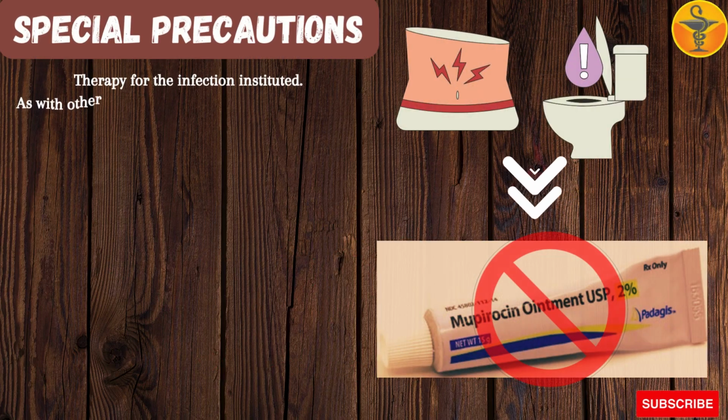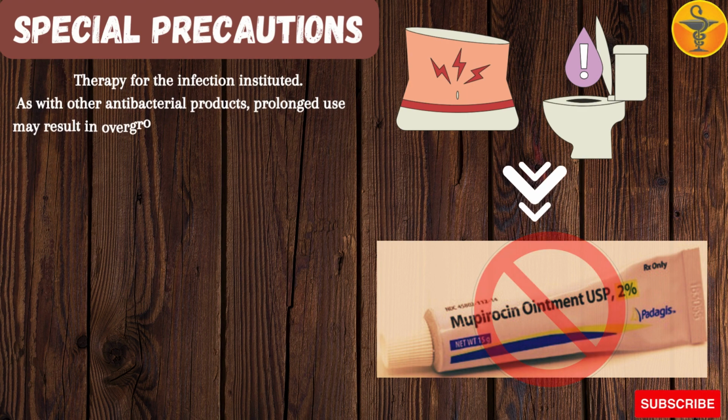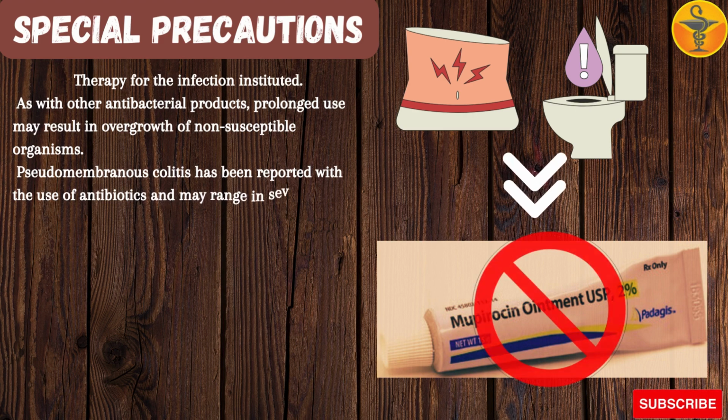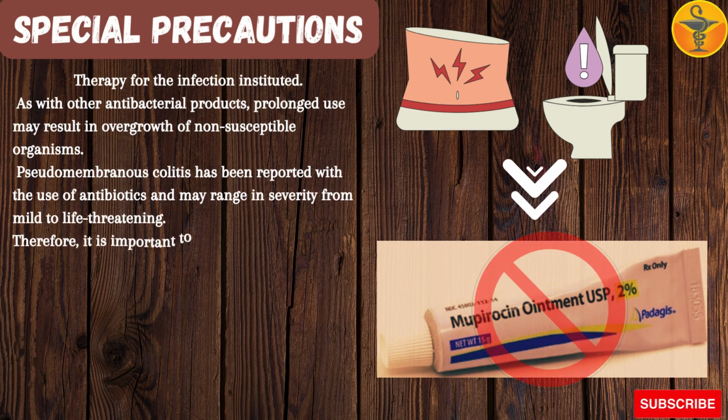As with other antibacterial products, prolonged use may result in overgrowth of non-susceptible organisms. Pseudomembranous colitis has been reported with the use of antibiotics and may range in severity from mild to life-threatening.